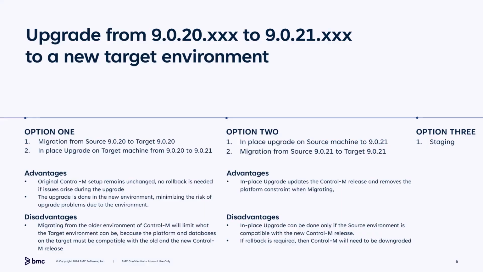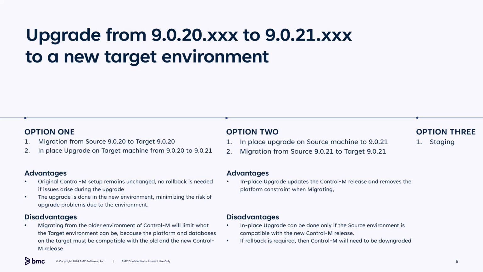Now that we went over key reasons why upgrade in the new target environment, we will now discuss 3 options to achieve this. And we will go over the pros and cons for each option. Option 1, migrate your source Control-M 9.0.20 environment to a new target environment with the same Control-M version, maintenance level, and patch level.